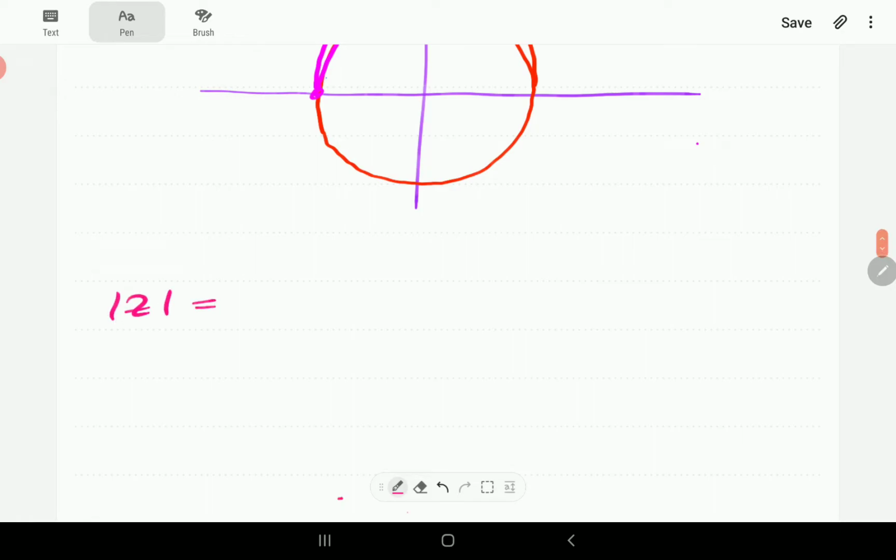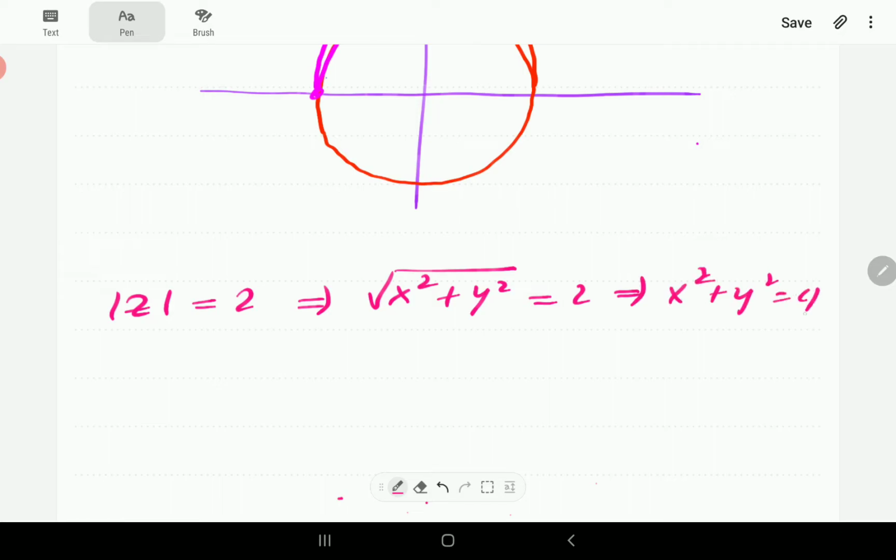So from mod z equals 2, if we write this in terms of x and y, this is the square root of x squared plus y squared is equal to 2. If we square both sides, this is x squared plus y squared equals 4, which is just your standard equation of a circle centered at the origin with radius 2.